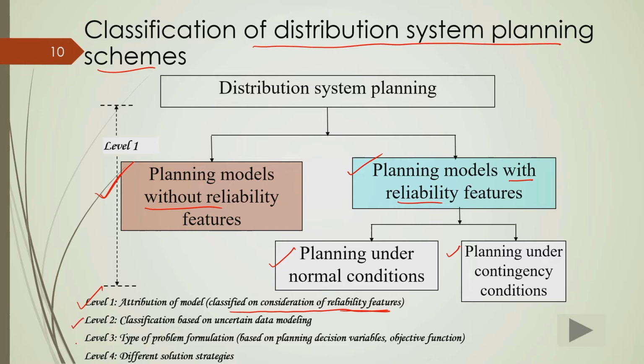Subsequently, we have another 3 levels of classification. Level 2 is based upon uncertainty modeling, those approaches in which the uncertainty of the data is appropriately modeled. Level 3 depends upon the types of objective function and types of decision variables, as I was talking about. And the final level is based upon the different types of solution strategies used.